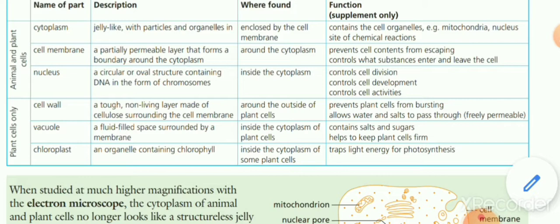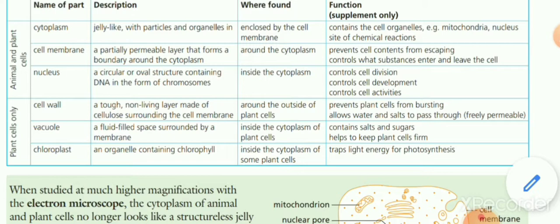But you should be clear about one thing: the cell wall is not as highly active or selective in comparison to the cell membrane. Its role is basically to protect the cell from different outside temperatures and from microorganism attacks. It prevents the plant cell from bursting, and it allows a specific level of pressure of water and salts to pass through.